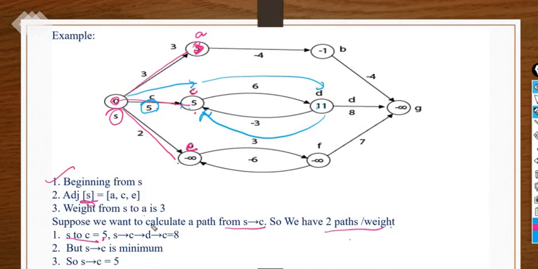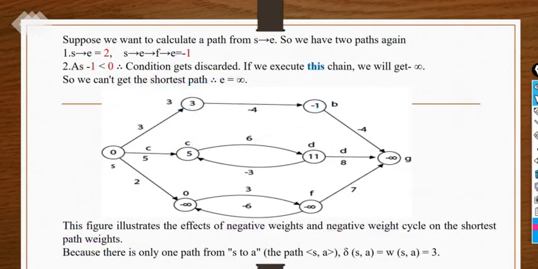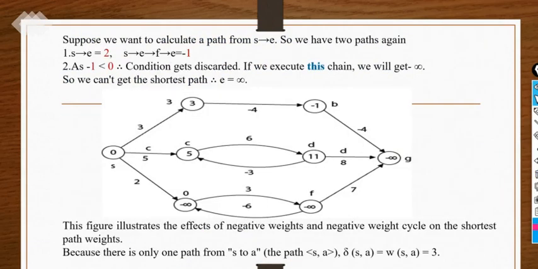In the next step, what about S to E? Same diagram here, S to E. We have already discussed that we have selected this path and this path. Now what about this one? We have already mentioned it, the negative.